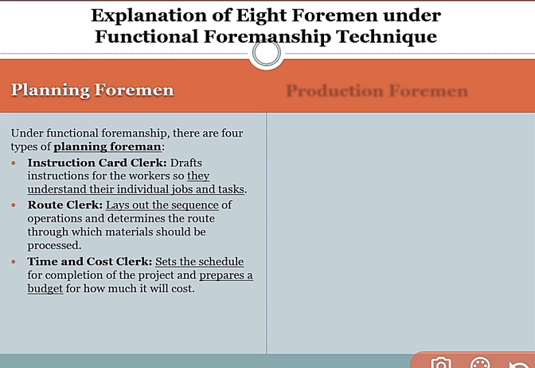The third categorization of foreman in planning is the time and cost clerk, who is responsible for setting the schedule for completion of a project and preparing a budget for how much it will cost. Right. So he is responsible for setting the schedule, that is, how much time is required by a particular employee for a particular job.